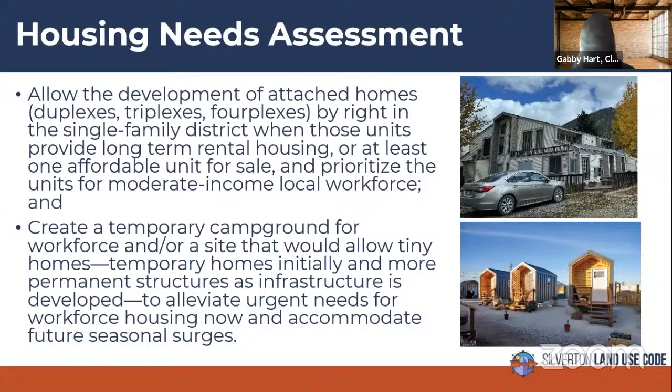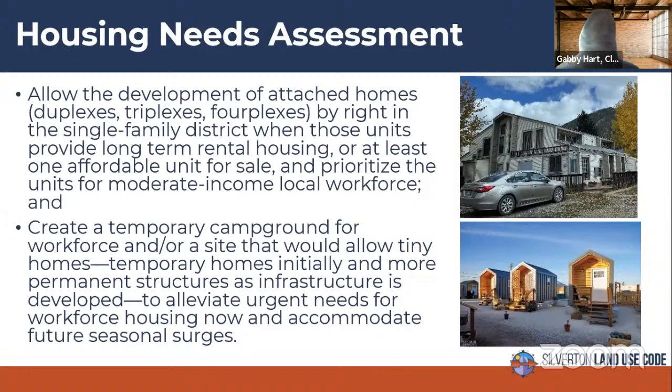What that means is they wouldn't require a public hearing in the single family district when those units provide long-term rental housing or at least one affordable unit for sale, as well as prioritizing moderate income local workforce units. A second recommendation was to create a temporary campground for workforce, which could also include a site with tiny homes to alleviate more of those urgent housing needs.